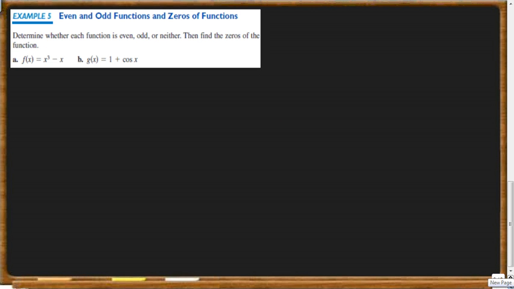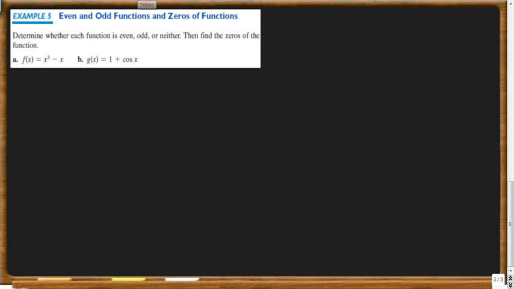Our last example that we're going to cover is going to talk about even and odd functions and zeros of functions. So it asks us to determine whether each function is even, odd, or neither. So the key for this is we plug in a negative x into each one, and we see what happens. And we see if we get the same answer or we get the opposite answer.